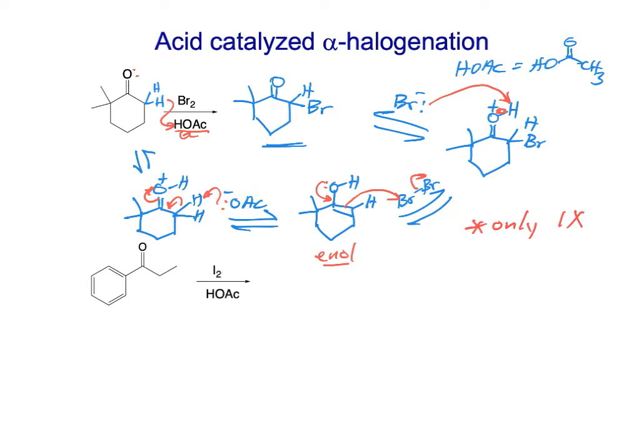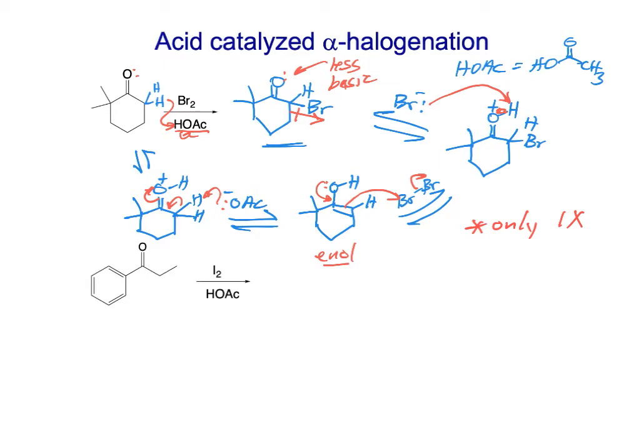The bromine, being more electronegative, pulls electron density eventually away from the carbonyl, making this oxygen less basic, and therefore less likely to protonate to complete the mechanism again.